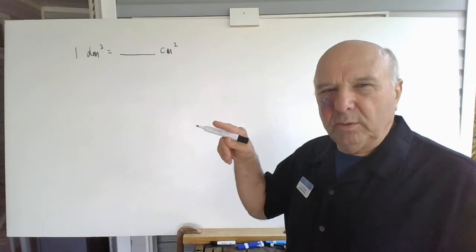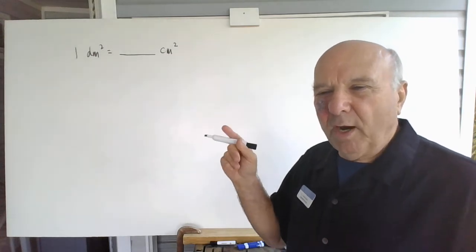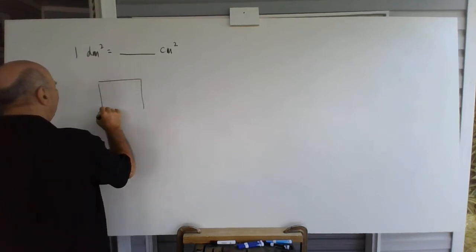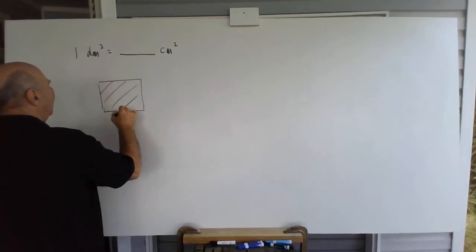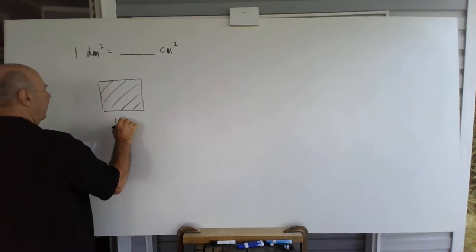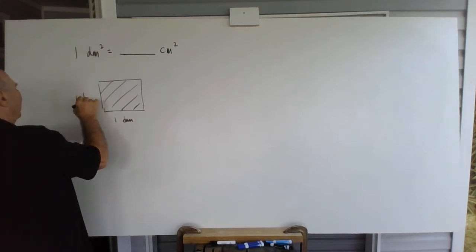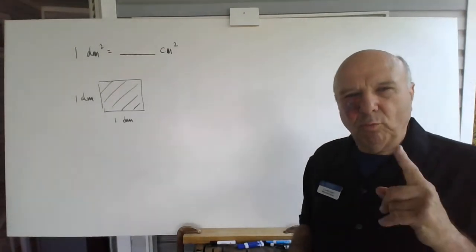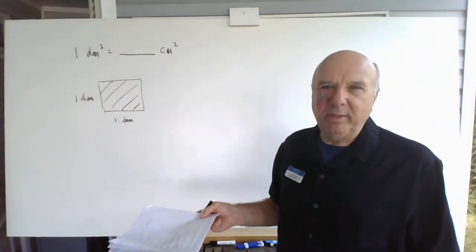So if you could visualize it, it's an area. The length and the width are both 1 decimeter. When you square it, you get 1 decimeter squared.